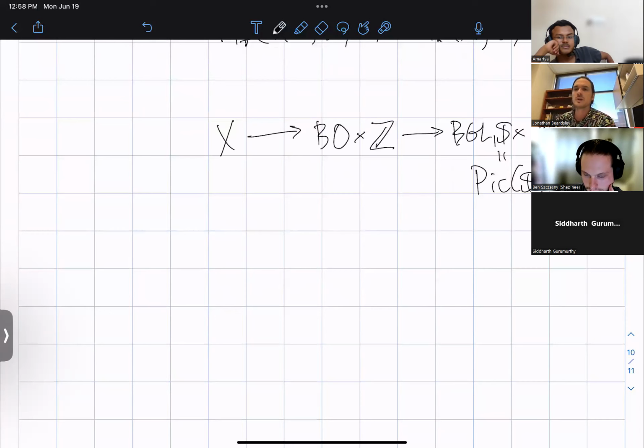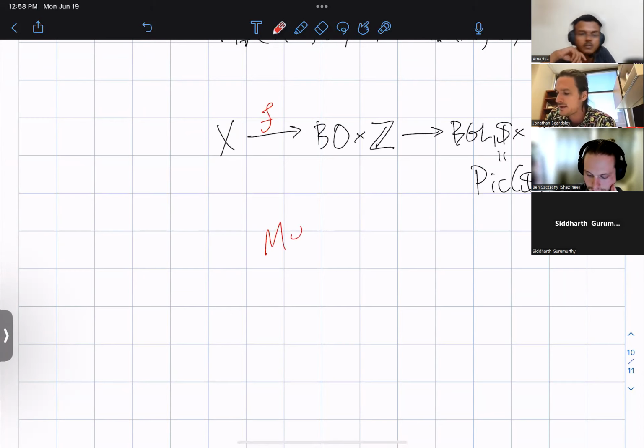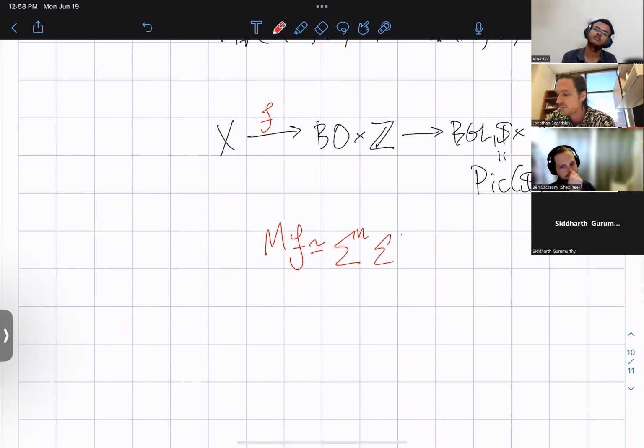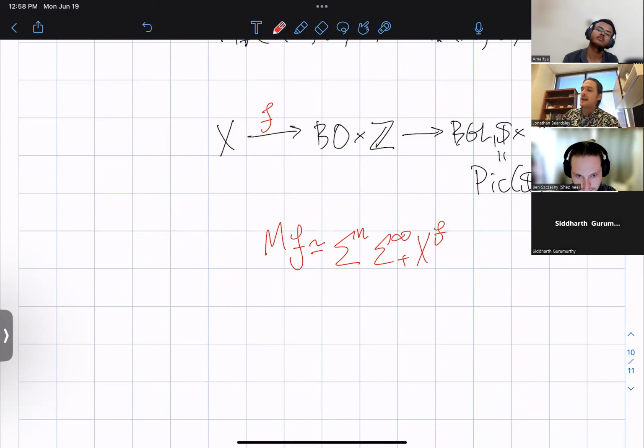The only real difference that this makes is that if I had some vector bundle here, then MF, instead of being the suspension spectrum of my Thom space, it's going to be the n-fold suspension of the suspension spectrum of my Thom space. And then if you redo everything we just did and write it all down, the Thom isomorphism will have a degree shift living in it.